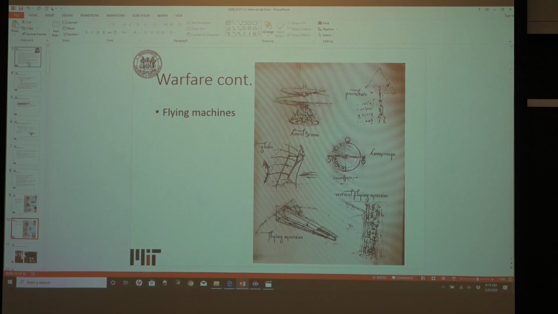Now, the flying machines, even though he was able to design these mock-ups, they were not necessarily ever used in these wars. But as part of his design, they were something that was made available. Of more interest would be the catapults and also things related to wind motion.